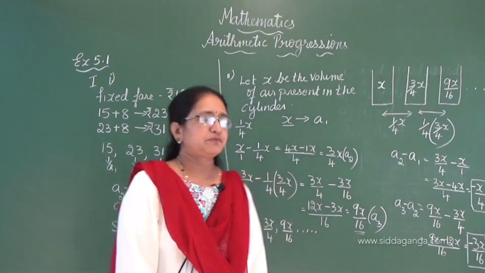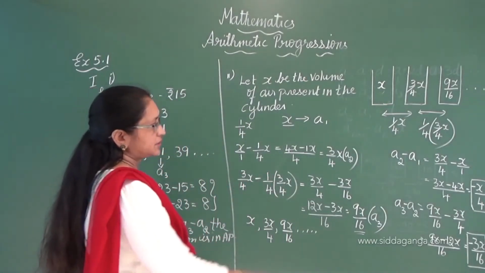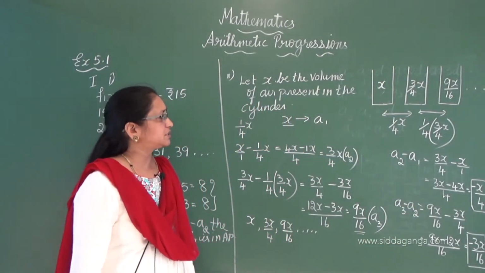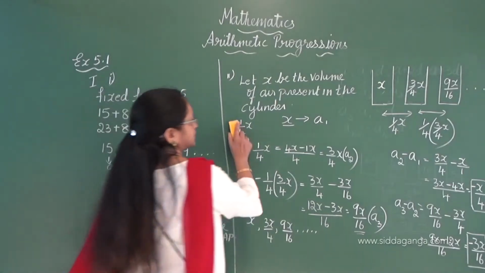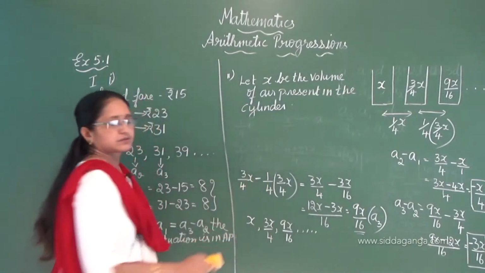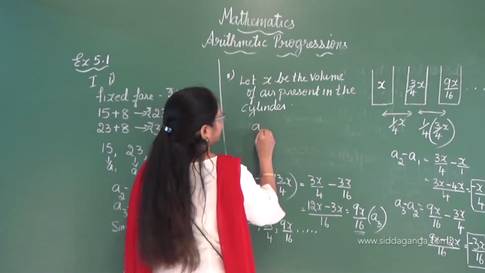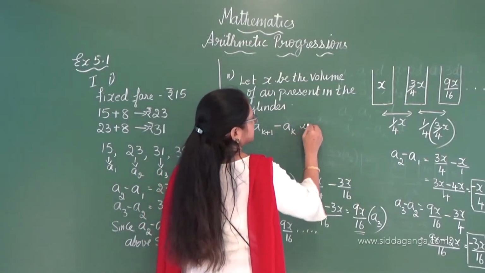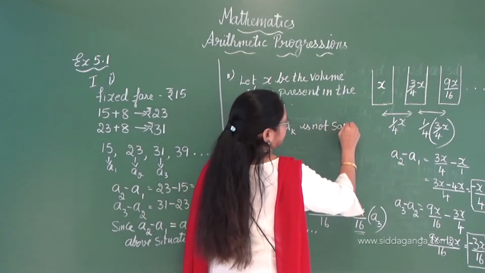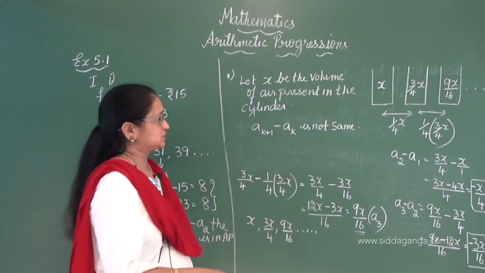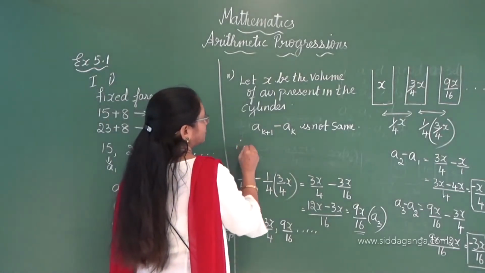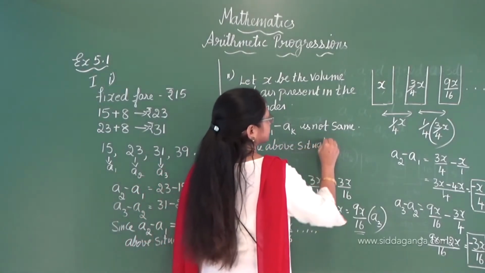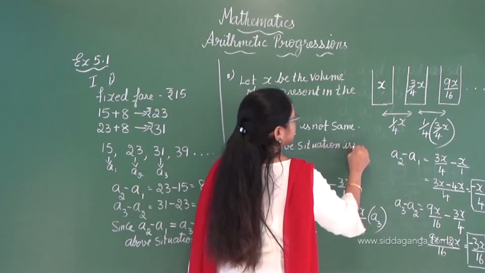So we can come to a conclusion that since A2 minus A1 is not equal to A3 minus A2, or generally you can write, since A(k+1) minus A(k) is not the same in this case, we can conclude that the above situation is not in AP.